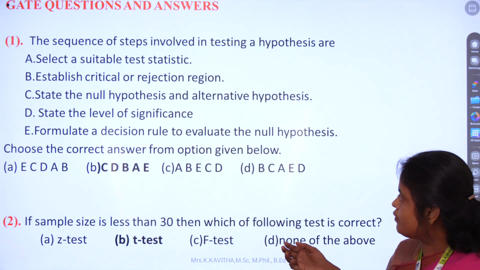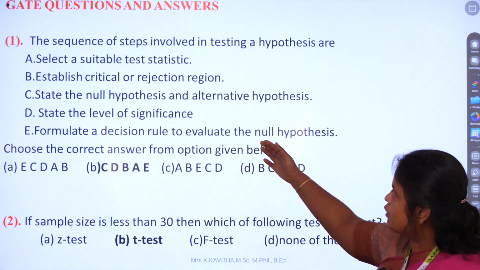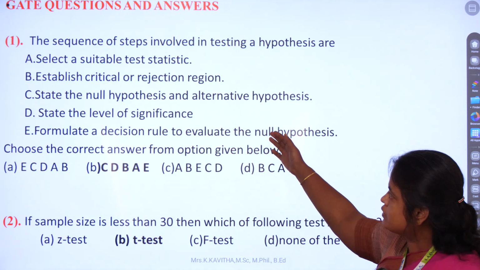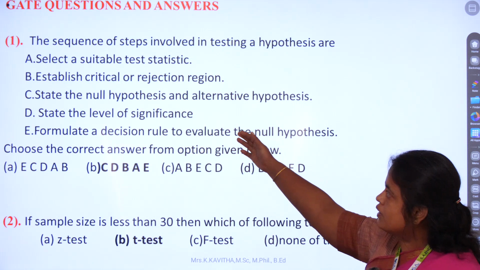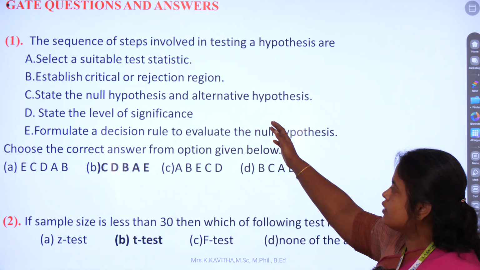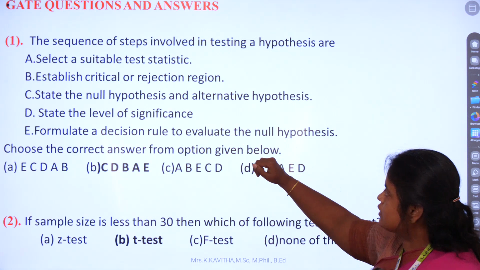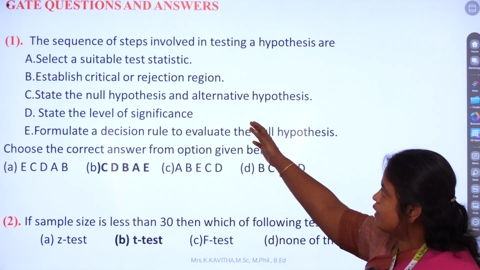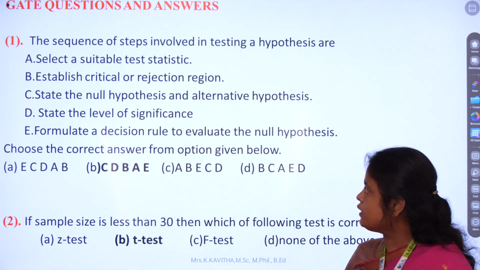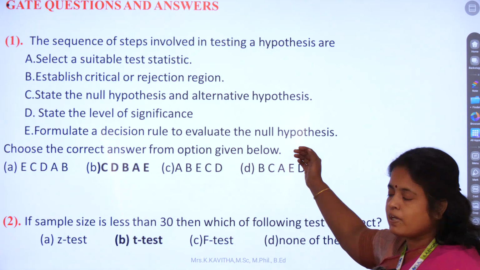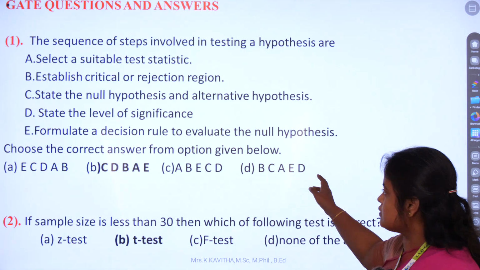First of all, we set the null hypothesis and the alternative hypothesis. Then we state the level of significance, establish the rejection region, and select the suitable test statistic. Finally, we formulate a decision rule to evaluate the null hypothesis.